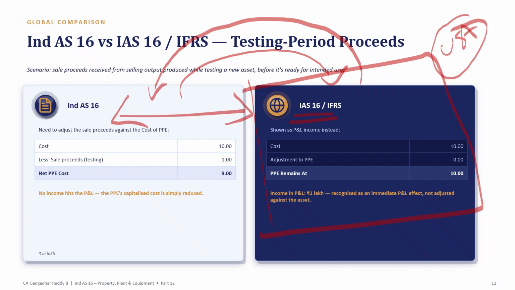This is not in our syllabus, but I am telling for future purposes. So this is how the testing proceeds work: you should not reduce sale proceeds from testing in IAS 16, but in Ind AS 16 you should reduce it. This is just for understanding.